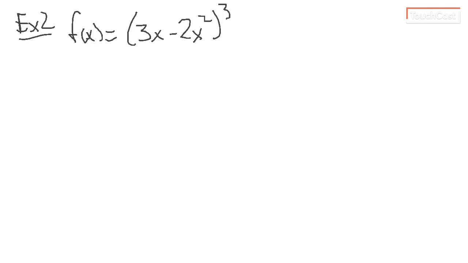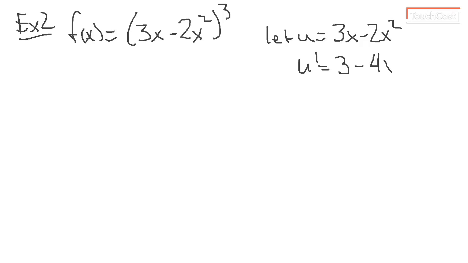So in here what we're going to do is we're going to let u equal the stuff in parentheses, 3x minus 2x squared, meaning then that u prime is going to be 3 minus 4x, and then we're going to let f of x equal u cubed, so f prime is going to be 3u squared.